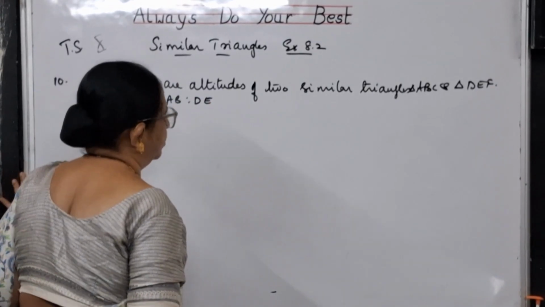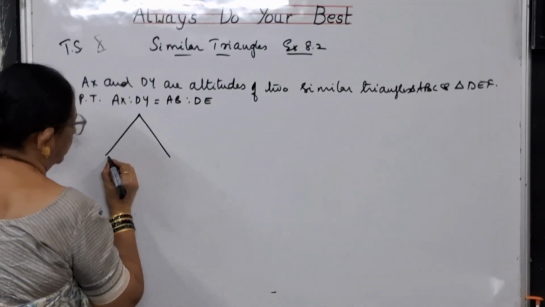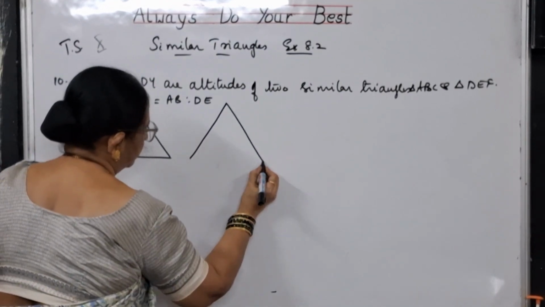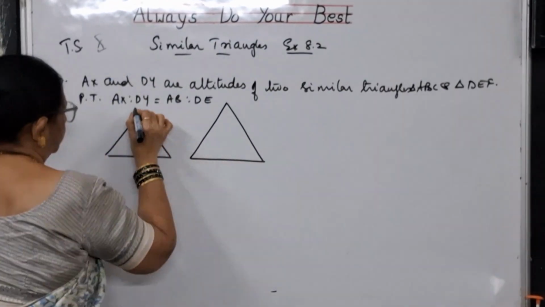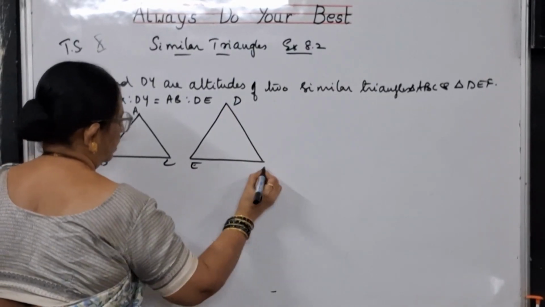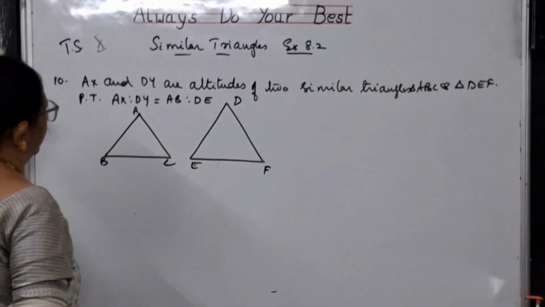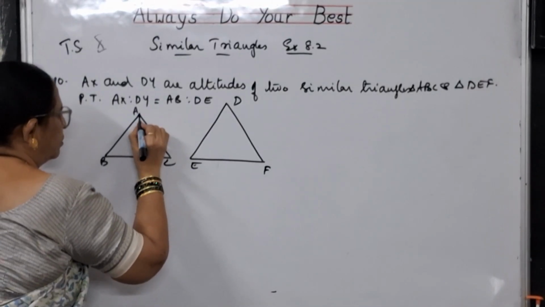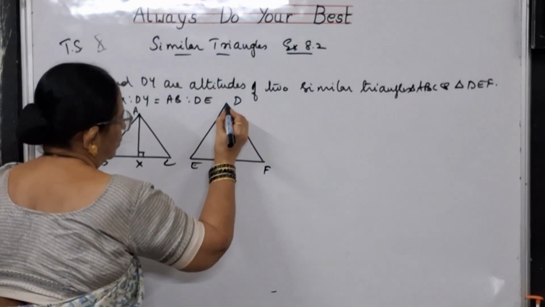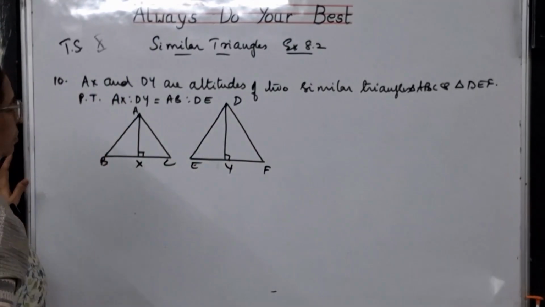This is the problem. Now you have two similar triangles, let me take this as ABC and DEF. These two are the similar triangles, and AX and DY are the altitudes.